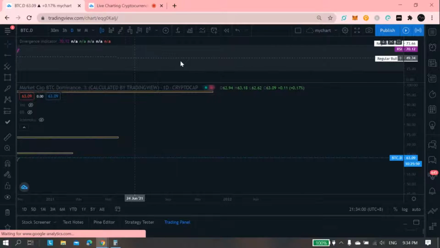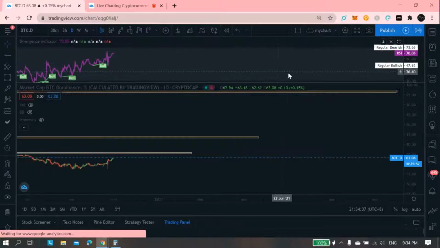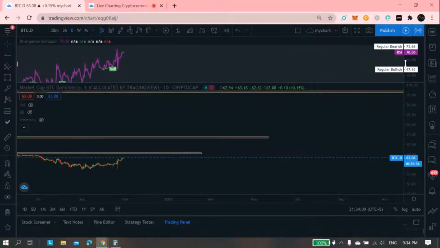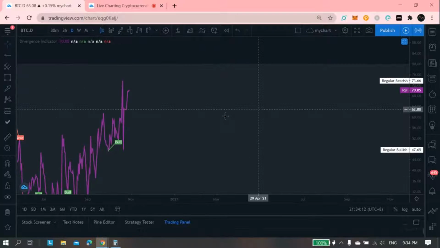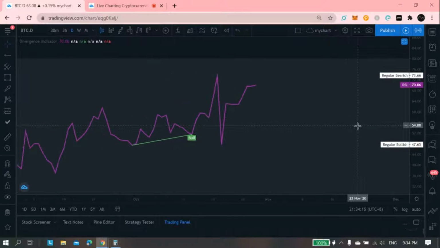Currently, RSI at 70.12. And hopefully, let's make it bigger. I can see this one.